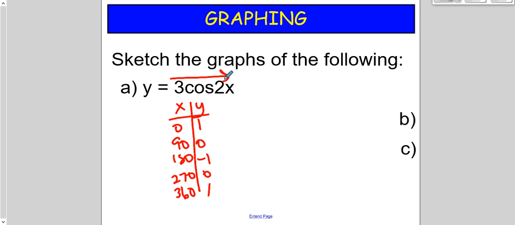Remember, we always apply our transformations in the order in which they occur. So we start with this 3. The 3 is our amplitude. It's being multiplied to our whole cos function. So I'm going to multiply everything by 3. And 1 times 3 is 3, 0 times 3 is 0, -1 times 3 is -3, 0 times 3 is 0, and 1 times 3 is 3.